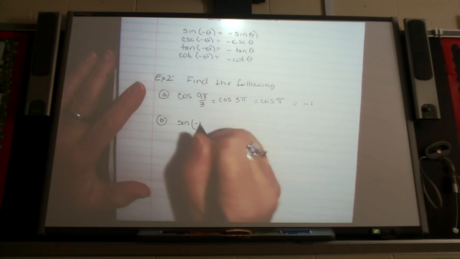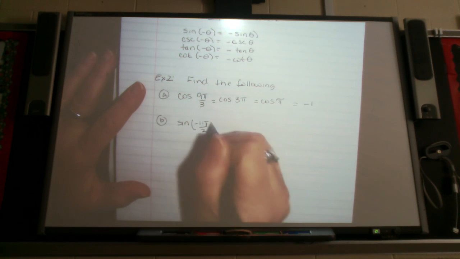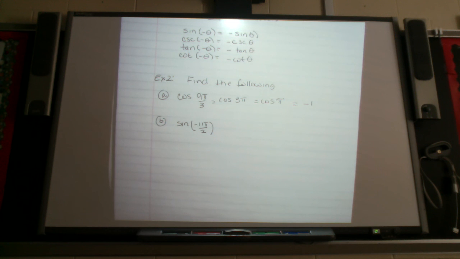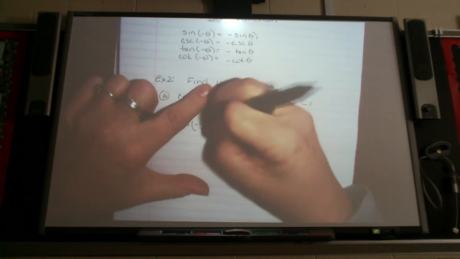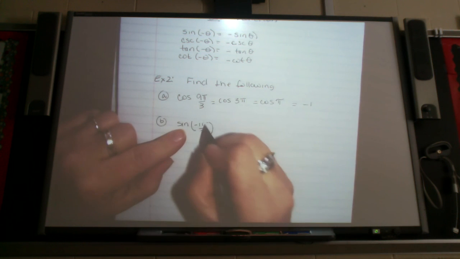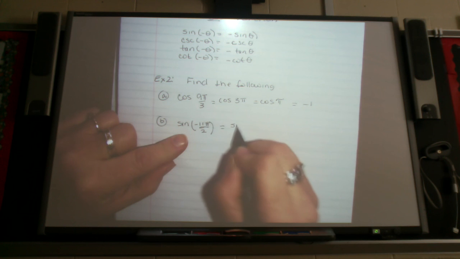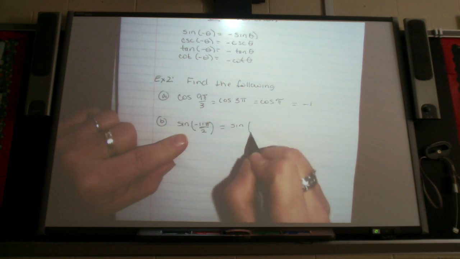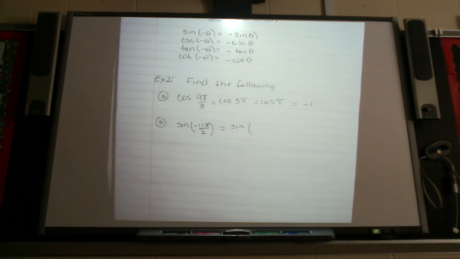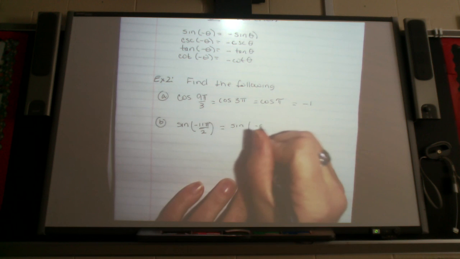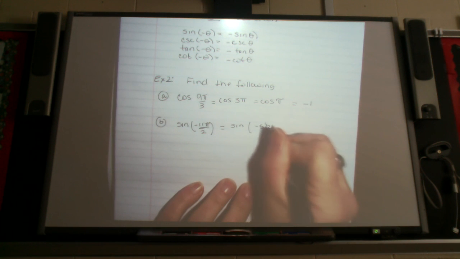Sine of -11 pi over 2. Well, 11 over 2 is what? 5.5. So this is negative 5.5 pi.